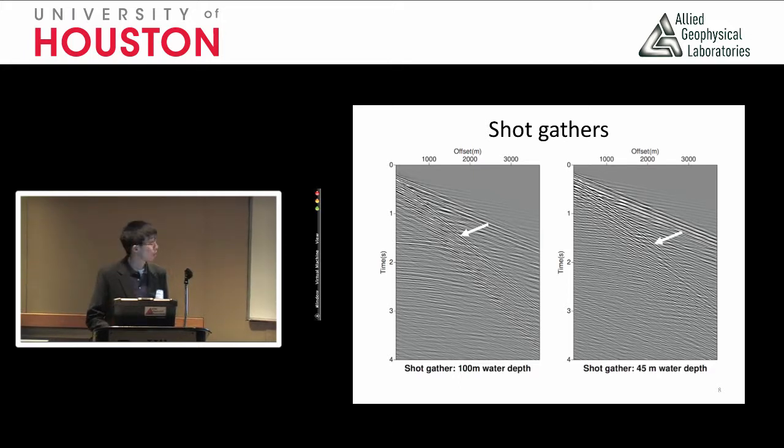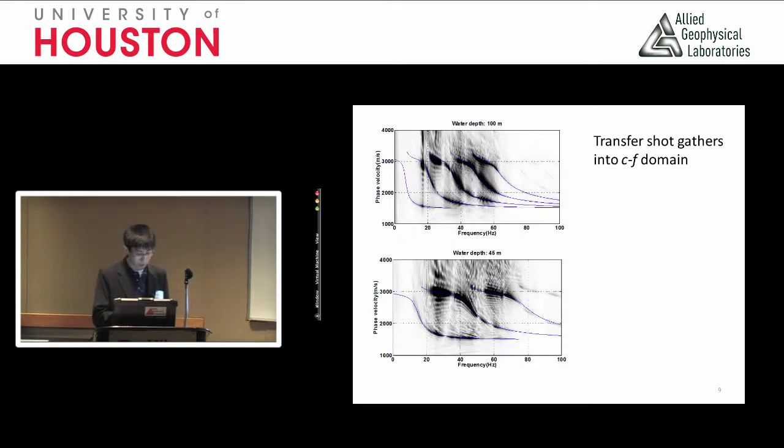And if we transform these two shot gathers into the phase velocity and frequency domain, we get these different guided wave modes over here. And we also can calculate this guided wave because we already know all the parameters in the lab. So we can calculate this guided wave curve theoretically and overlap these different curves with our experimental data.